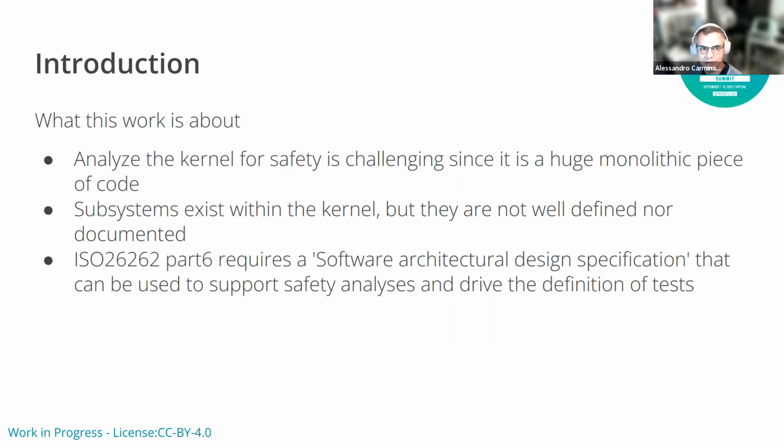Safety analysis, on the other hand, needs software architecture description that highlights subsystem interaction, dependencies, and subsystem interface. In addition to this, ISO 26262 Part 6 requires a software architectural description specification that can be used to support safety analysis and drive test definition. The work we present here is about data gathering and processing to produce diagrams.